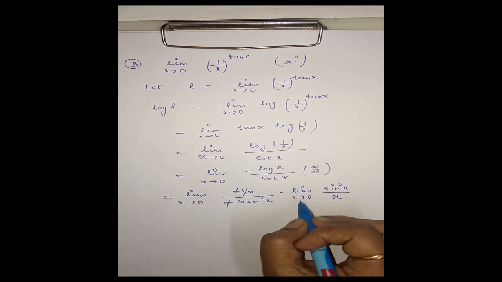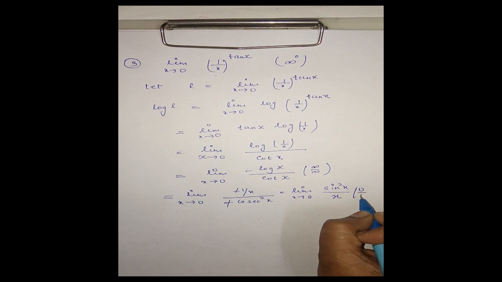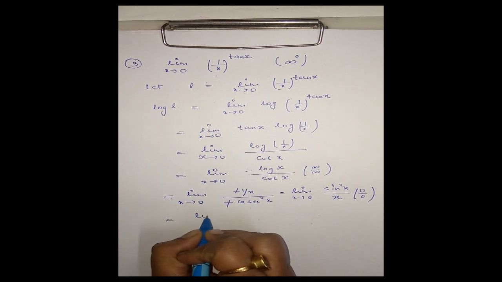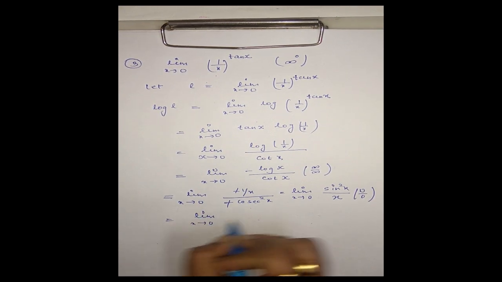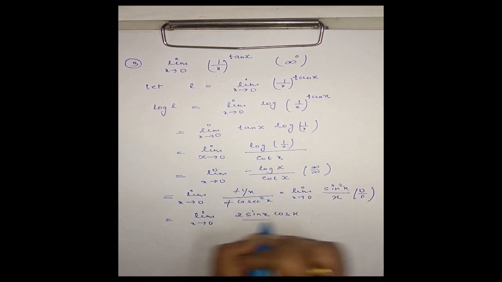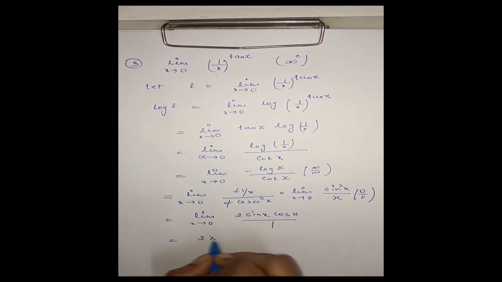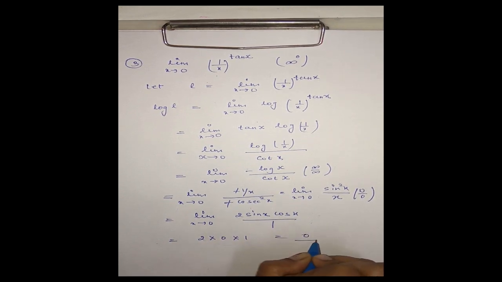Clear? On taking limit as x tending to 0, this is 0 by 0 form. Now this is limit x tending to 0, 2 sine x into cos x divided by 1. Now on taking limit, this will be 2 into 0 into 1, that is 0 only.